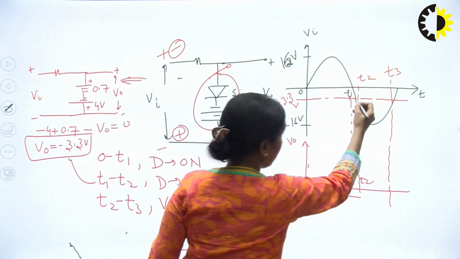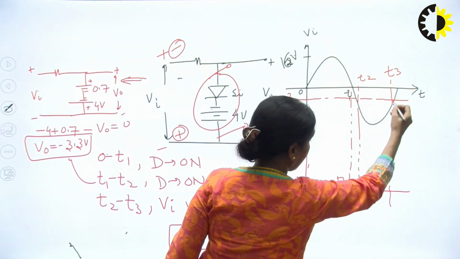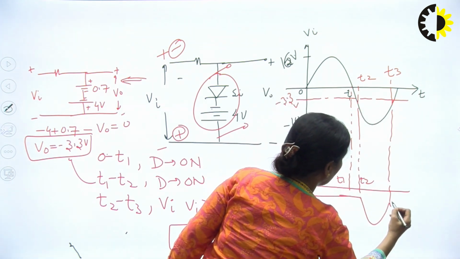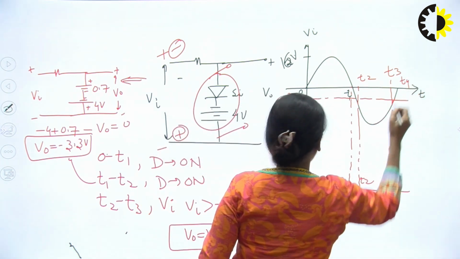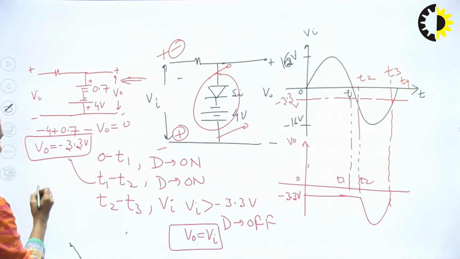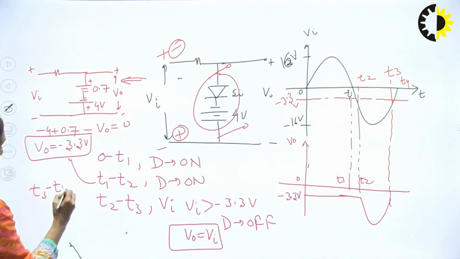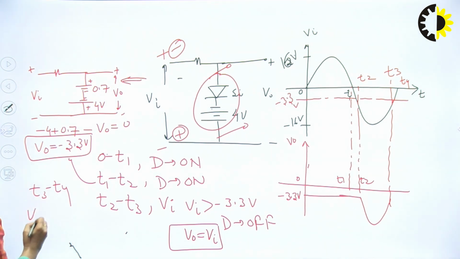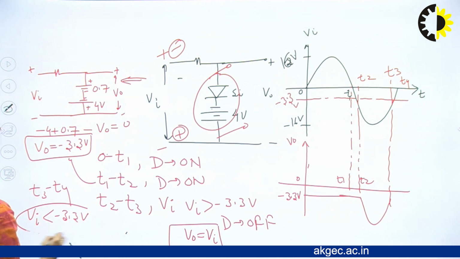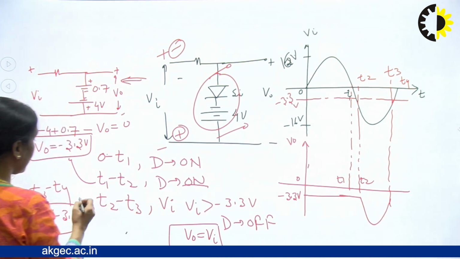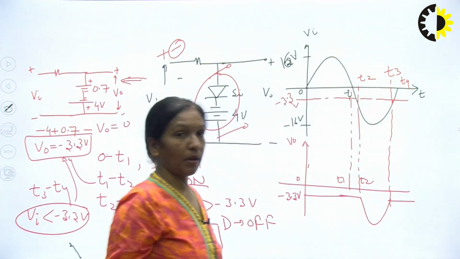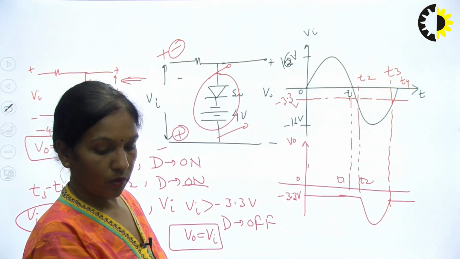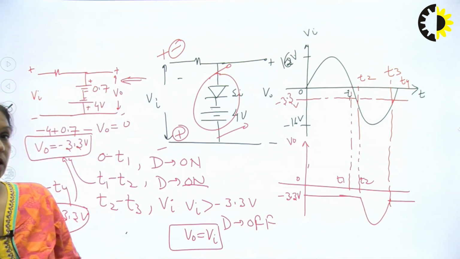And what is my output? This is my input, so output will be equal to input. And again, during the time period T3 to T4, your VI is less than minus 3.3 volts. So the diode will be in on state and output will be equal to 3.3 volts. So this is my output waveform for this given circuit.